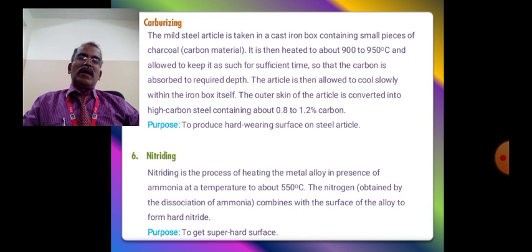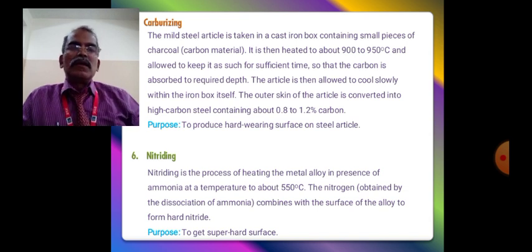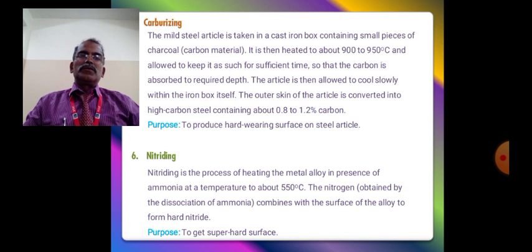The mild steel absorbs carbon particles to a depth, and after absorbing carbon, the article is allowed to cool slowly in the iron box itself.